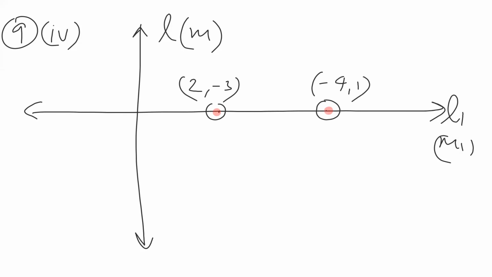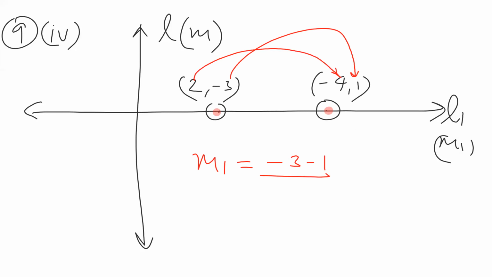So line L1 slope is M1. We can calculate M1 using the slope formula, y2 minus y1 upon x2 minus x1. So minus 4 upon 6, which is minus 2 by 3.